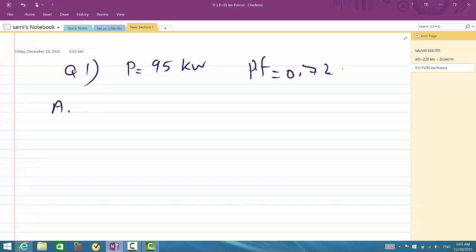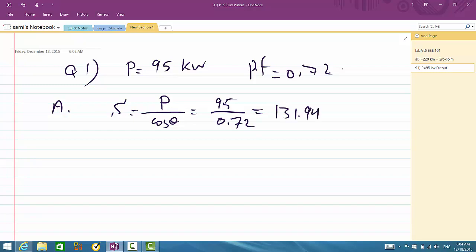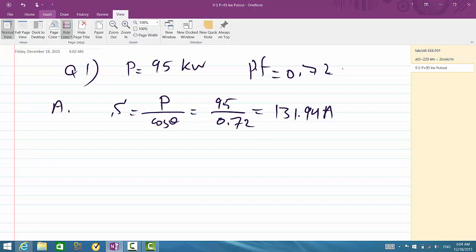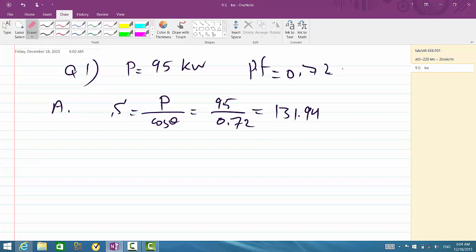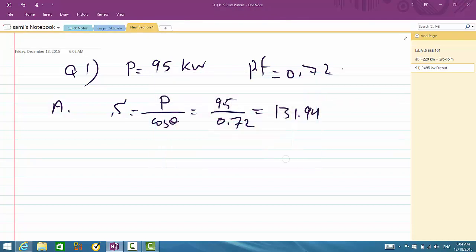So we have two things to find: the apparent power, which is the active power divided by the power factor. So 95 divided by 0.72, and this will give me about 131.94 kilovolt ampere.